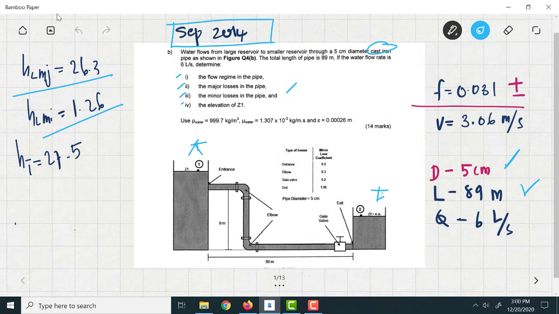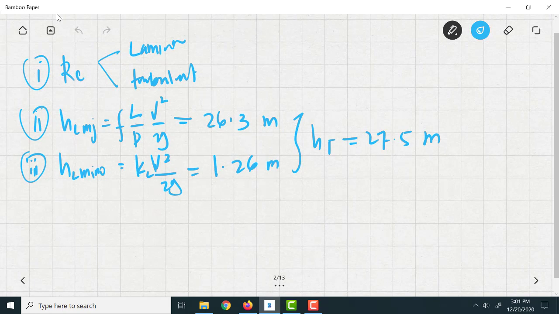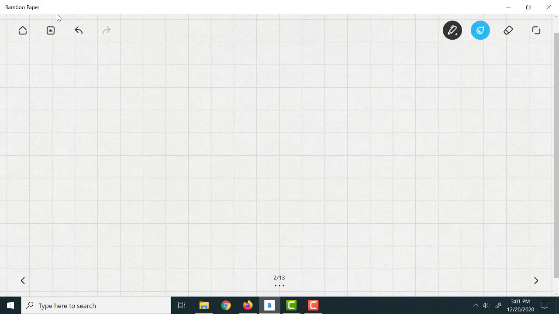The elevation from point 1 to point 2 here. So what is the elevation H? How do we find it? Very easy. We have point 1 given to us, and we have point 2 here. Since we have two points, just use the energy equation. So what is the energy equation?